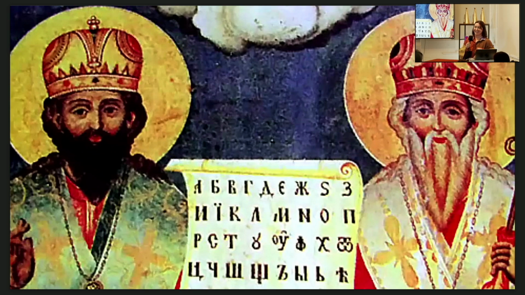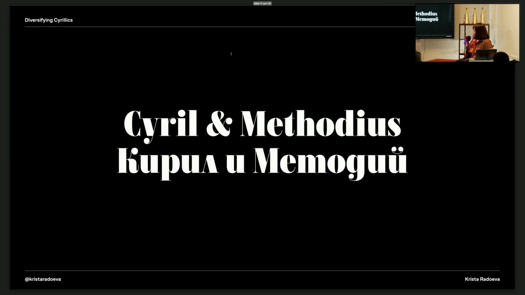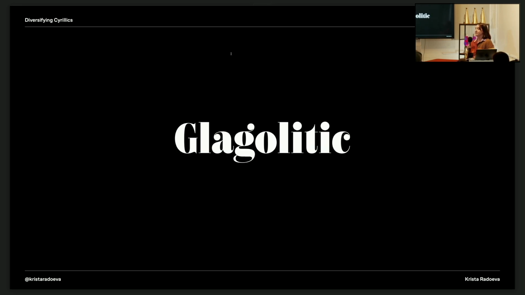And the other one is Methodius. So these guys, Cyril and Methodius, were Byzantine scholars who around 800 were invited by Moravia to create a new script.